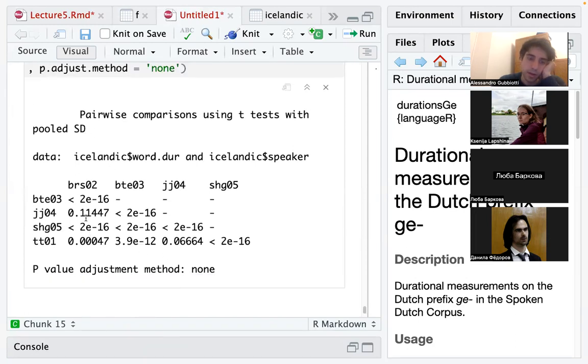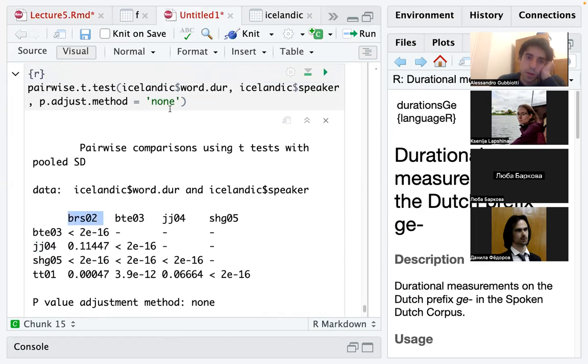So you see, many speakers differ. For instance, this guy BT differs from everybody else, and these guys don't statistically differ, but we are performing many tests.